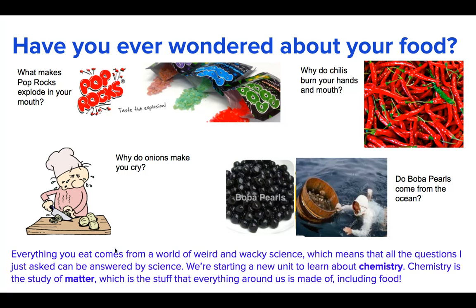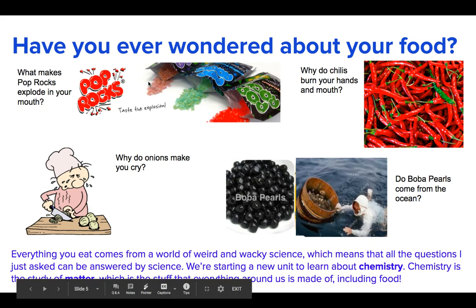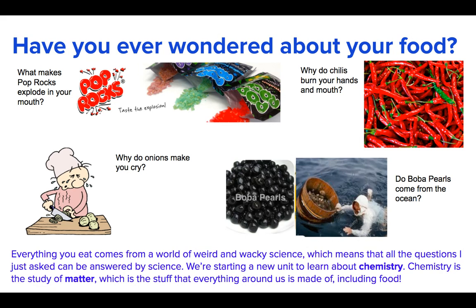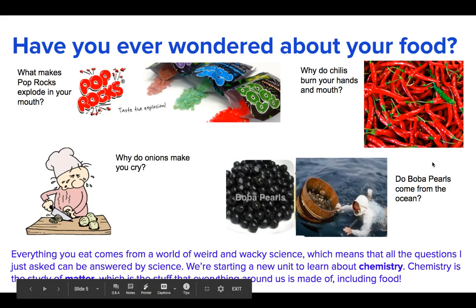Lesson 1. Have you ever wondered about your food? For example, what makes Pop Rocks explode in your mouth? And why do chilies burn your hands and your mouth? Why do onions make you cry? And do boba pearls really come from the ocean?